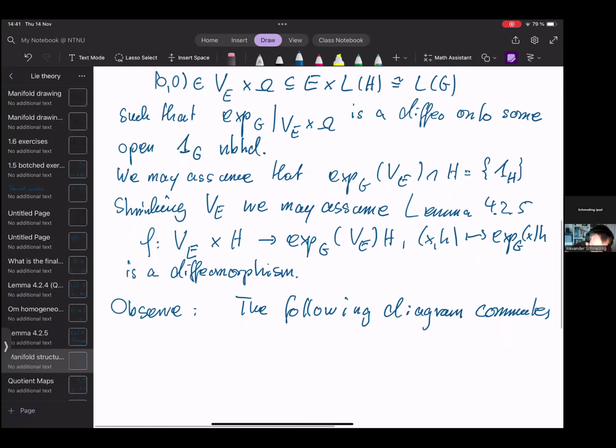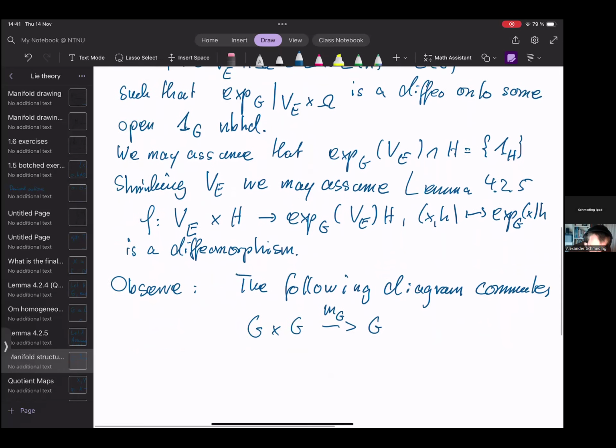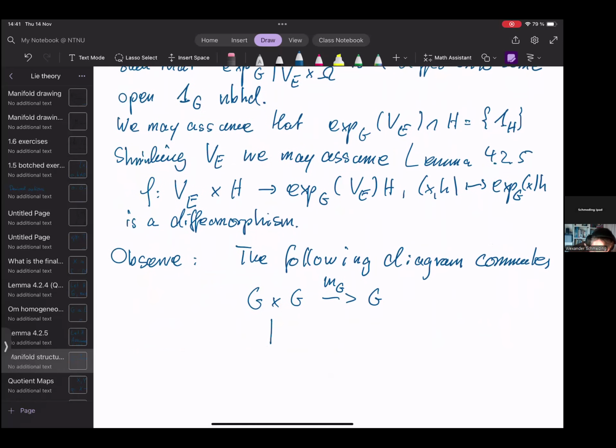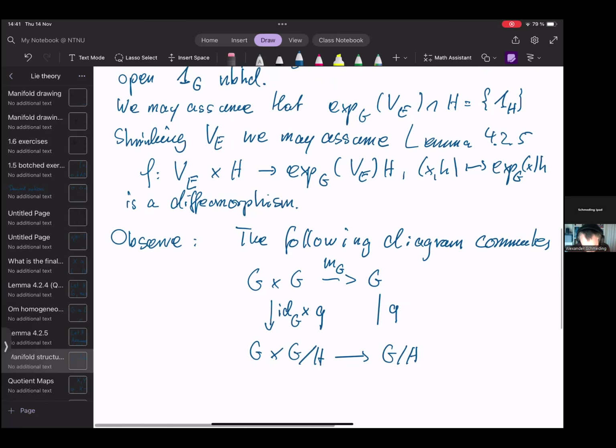Upstairs we have G times G, and we have the Lie group multiplication, taking us back to G. Then in one factor we can quotient out the group H. So this is the map, the Cartesian product of the identity on G times the quotient map Q. And on the right-hand side we can also quotient out by Q, and then we go into the coset space.